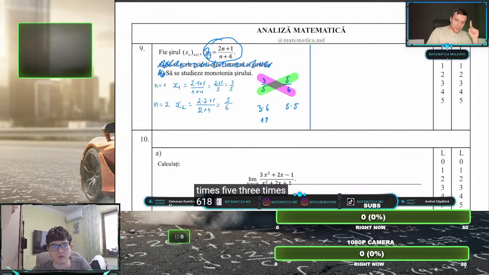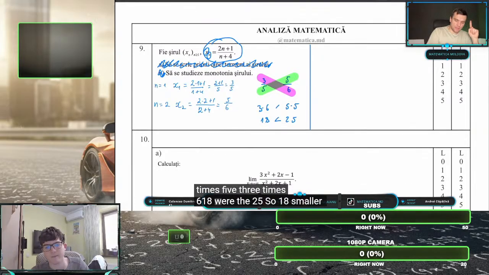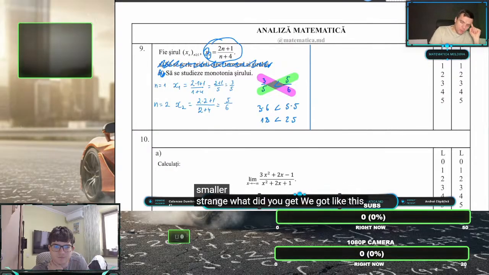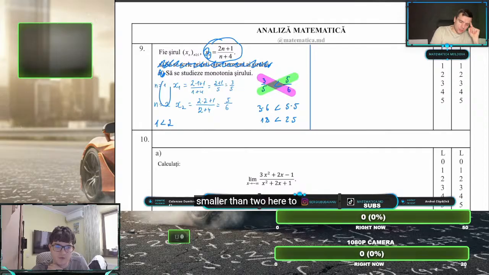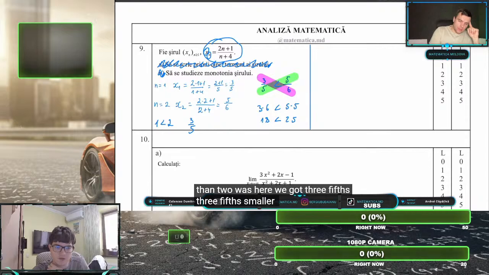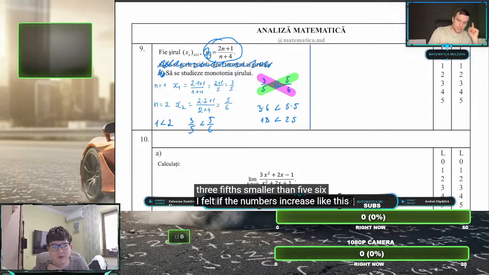Also 30 inverse 25. I mean 18 inverse 25. So 18 is smaller. So this means that 3 divided by 5 is smaller. So it means that this thing goes up as the second thing is higher in value than the first thing. So that's basically the logic here.